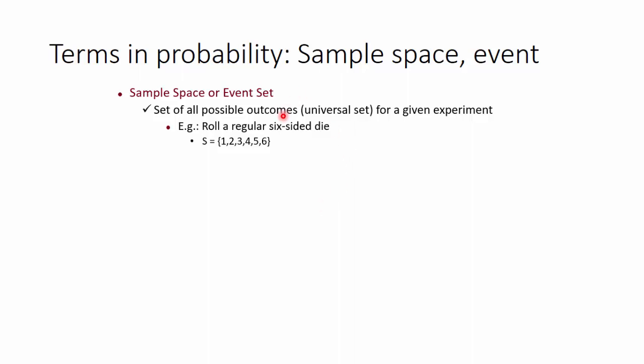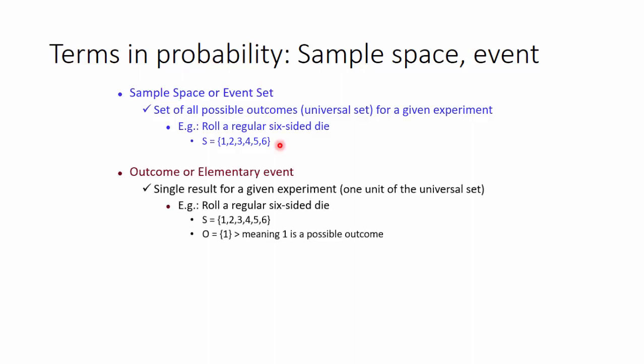The collection of all the possible outcomes for a given random experiment is called the sample space. So if you look at the example of rolling a die as an experiment, you have 6 different possible outcomes. And when you list all of them, that is called the sample space. In set theory, we call it the universal set.